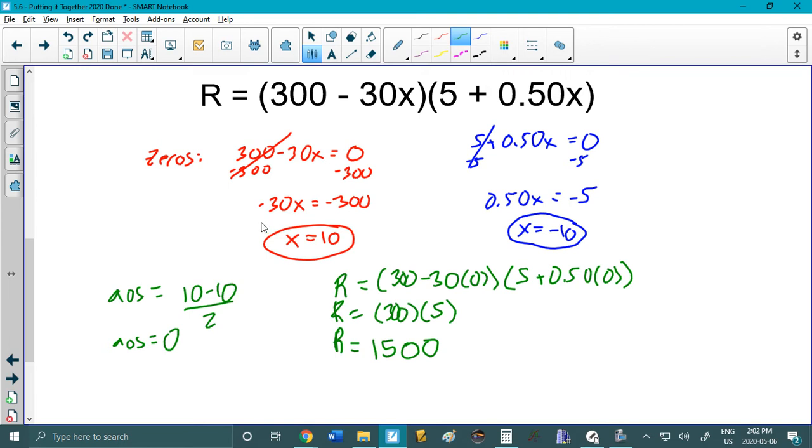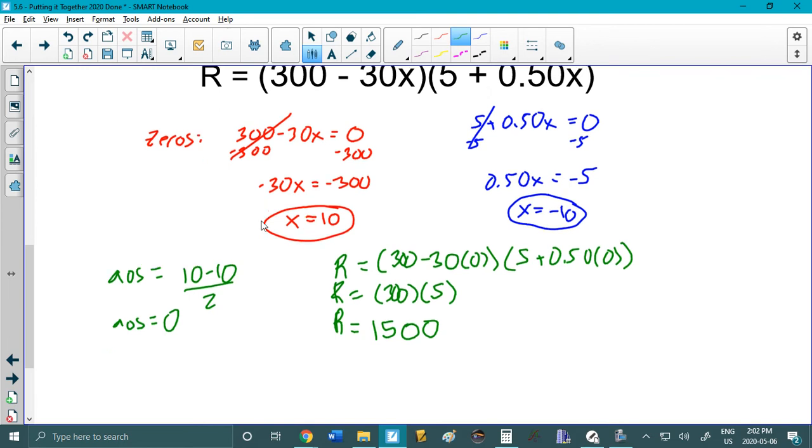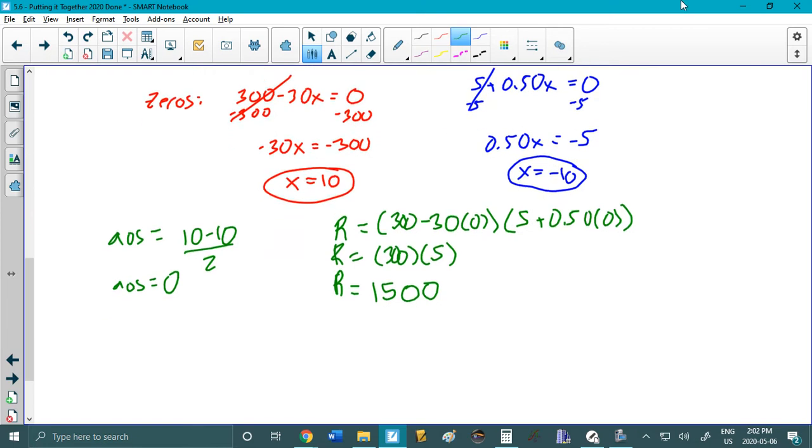But we don't have our a value yet. So how do we get our a value? Well, there's a few options. One option is this. y equals a, x minus 0 squared plus 1500. And then we take a point. Let's say take this point here. When x equals 10, remember y was 0.